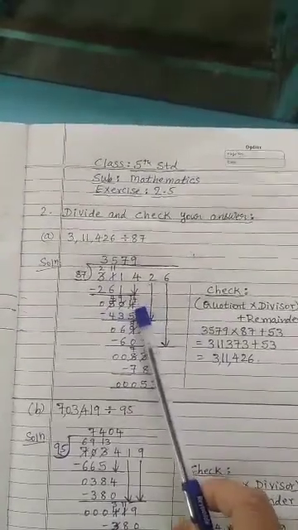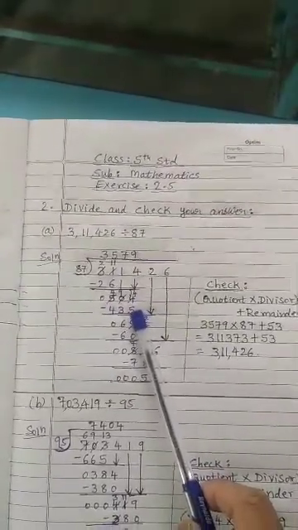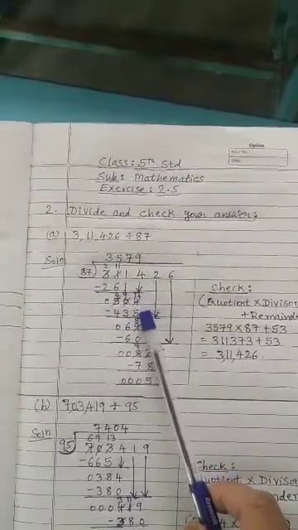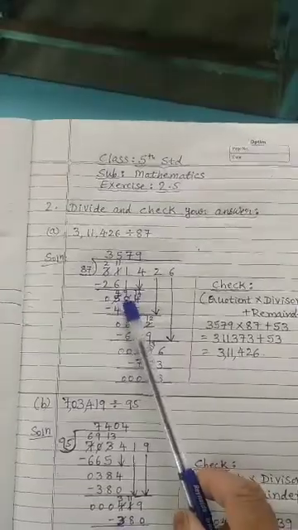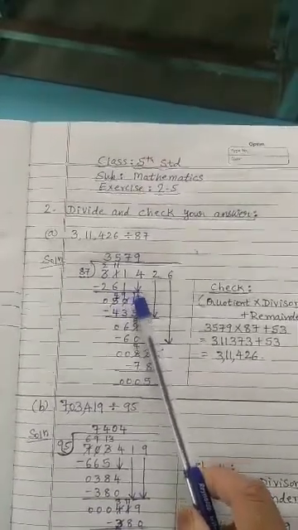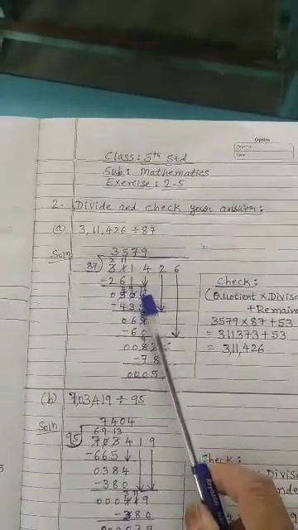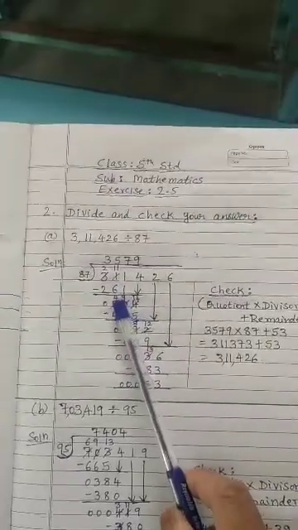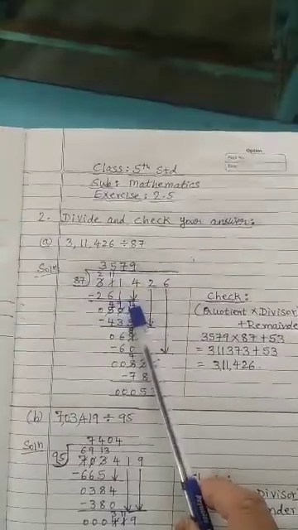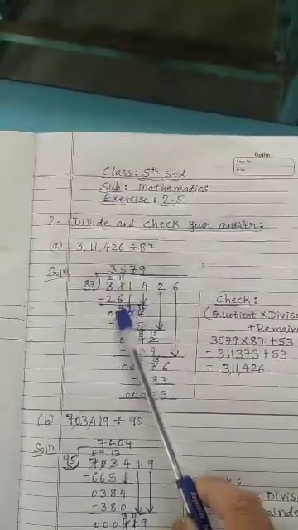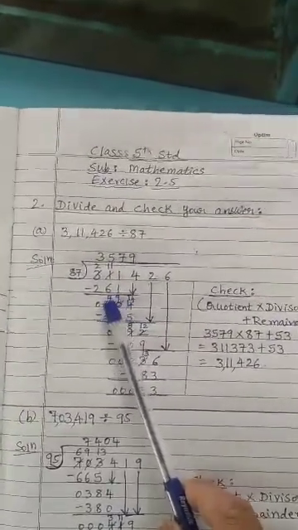Subtract. 4 minus 5 is not possible because 4 is smaller than 5. You cannot subtract. So from 50 you must borrow 1. This will become 14 and this 50 will become 49, because from 50 you have borrowed 1. See here I have written 49.